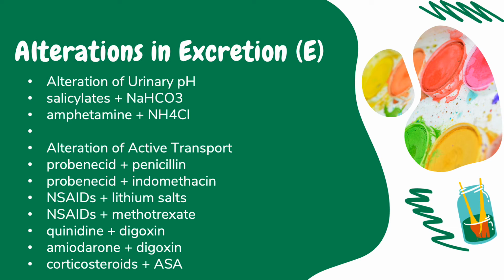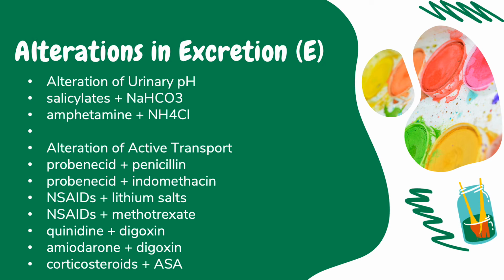Another is alteration of active transport. So it happens with probenecid with penicillin and probenecid with indomethacin. This resulted in decreased renal excretion of penicillin and indomethacin.